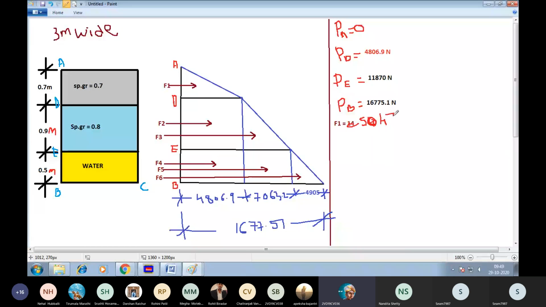Yes, ma'am. Okay. 0.24. Next, calculate and tell me the value of F2.